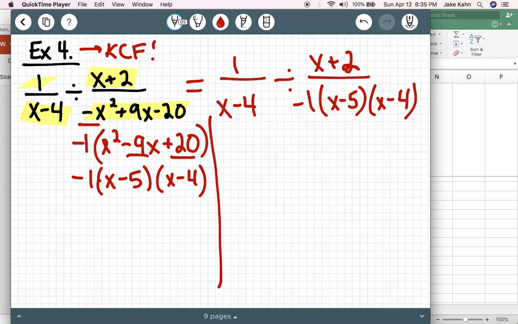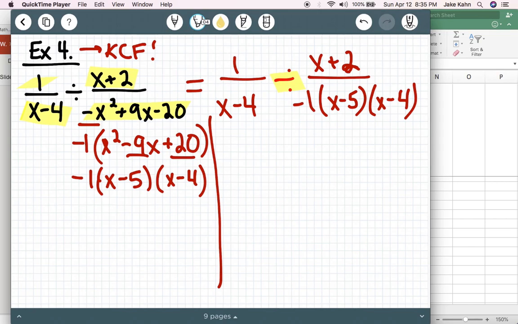Now, at this point, can we simplify anything? I don't see anything that can be simplified here on that right fraction that we factored. So we're going to perform our operation, which in this example is division.